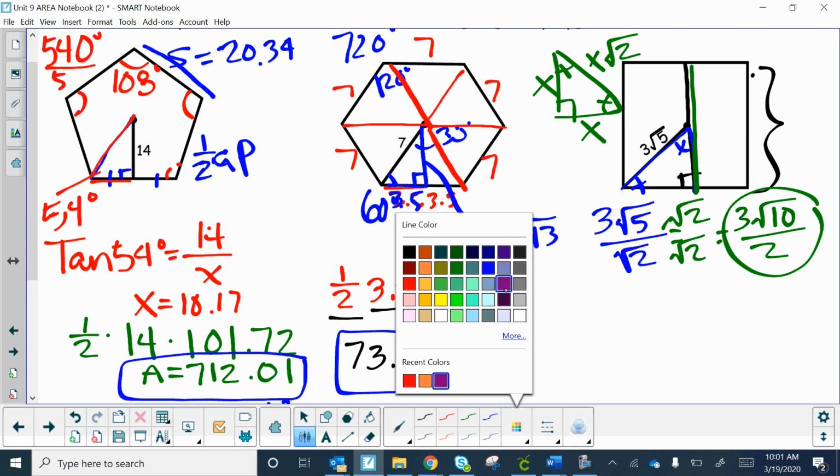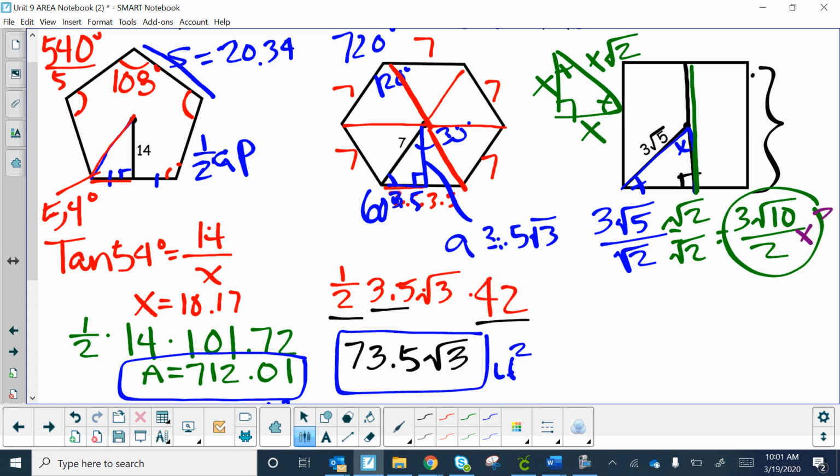Let me get a different color. If I times that by 2, what do you get? Oh, the 2's cancel out. So guess what the side length is? The side length is 3 radical 10. Well, if that's 3 radical 10, then this is 3 radical 10 because this is a square.